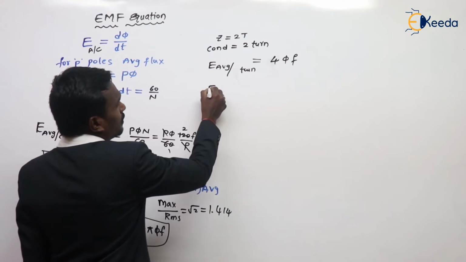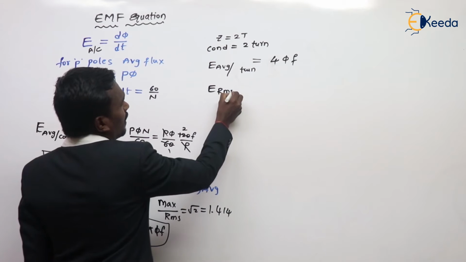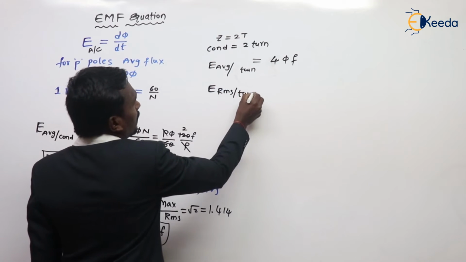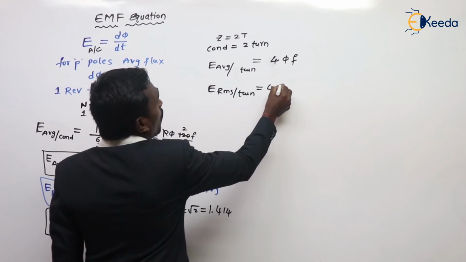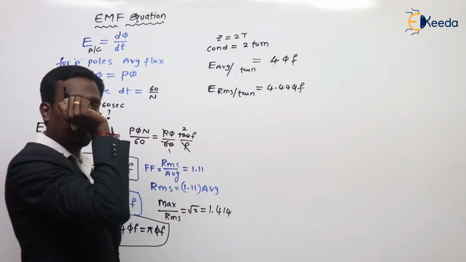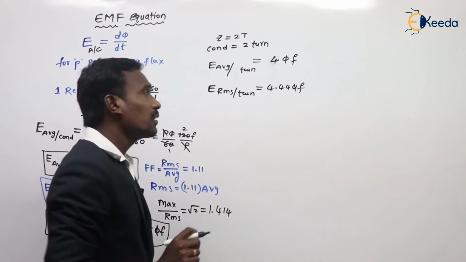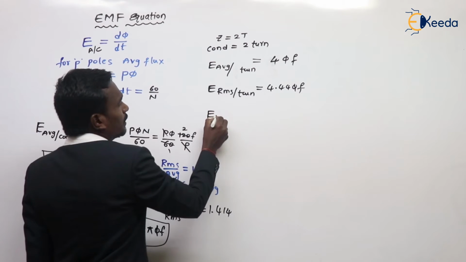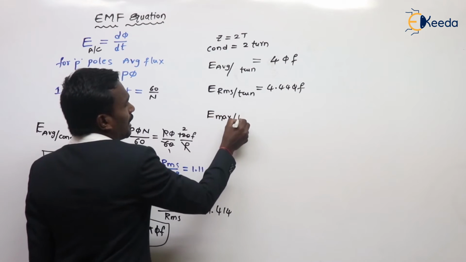If I want E RMS per turn, E RMS per turn is equal to 4.44 phi F, because it is multiplied with 1.11. For example, I want E maximum per turn.